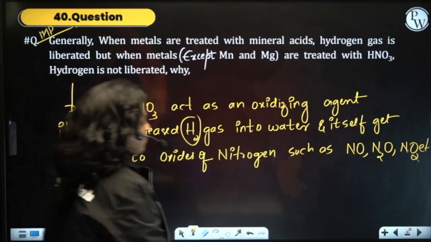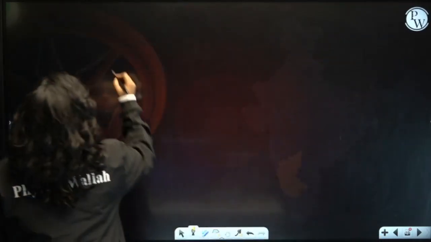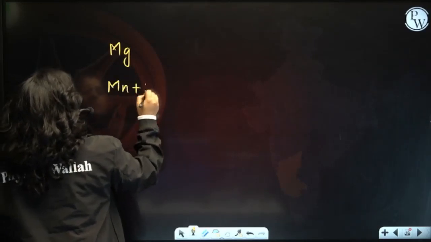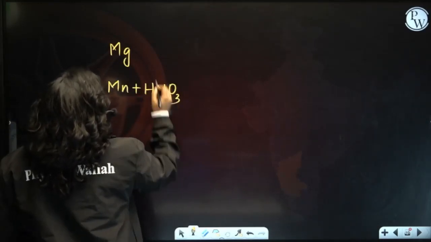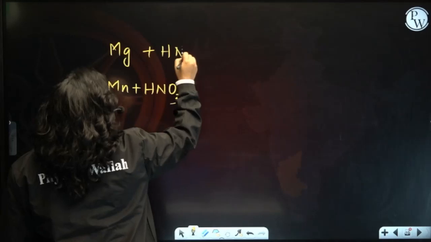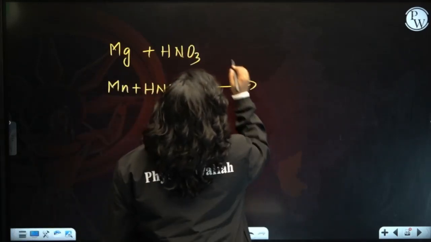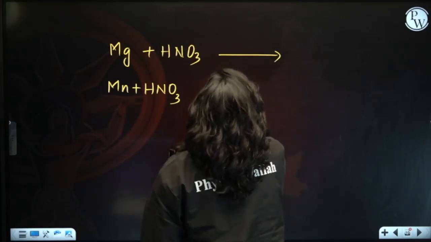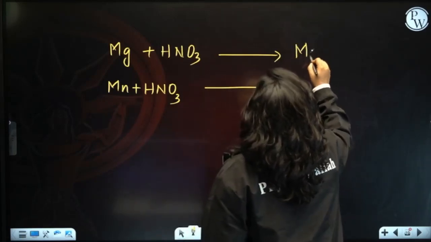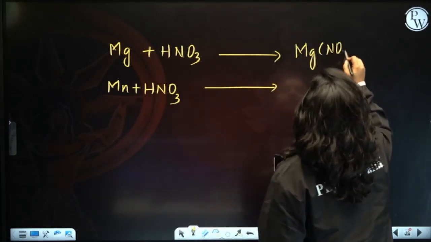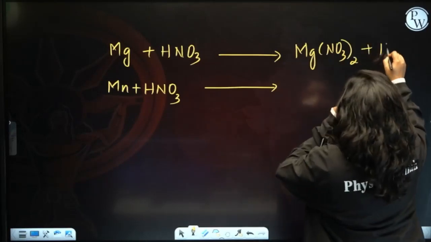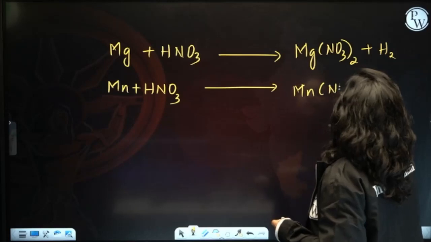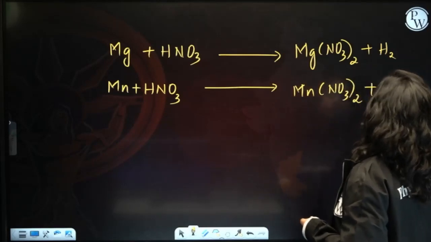Now, what extra do you learn here? When magnesium or manganese reacts with HNO3, because of their unique nature, you get magnesium nitrate plus H2 gas, and manganese nitrate plus H2 gas.